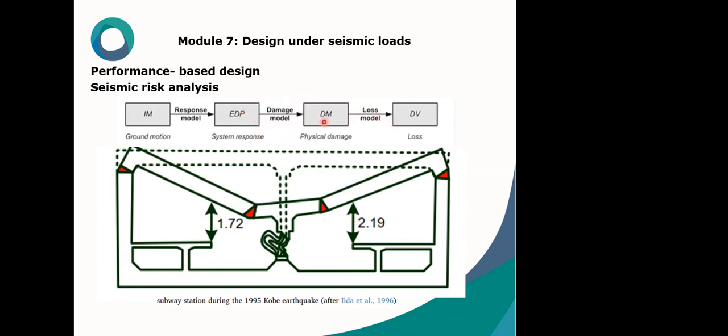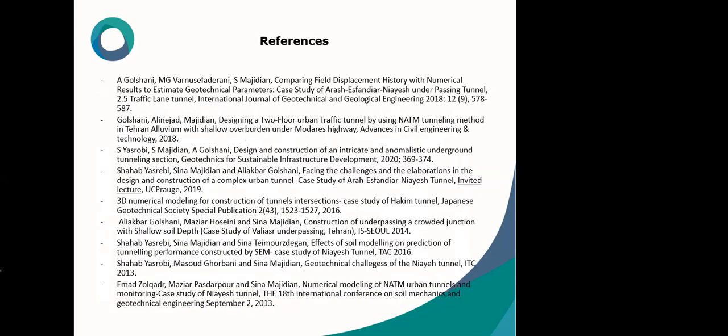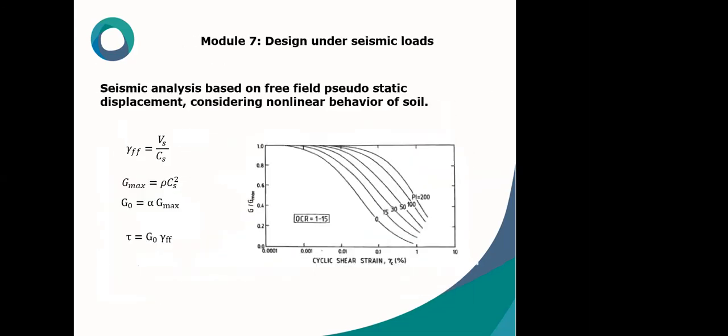And then we can estimate the loss, and help the clients choose in which level of damage the designer should design the structure, and it will help very much in the design. And here are the references.